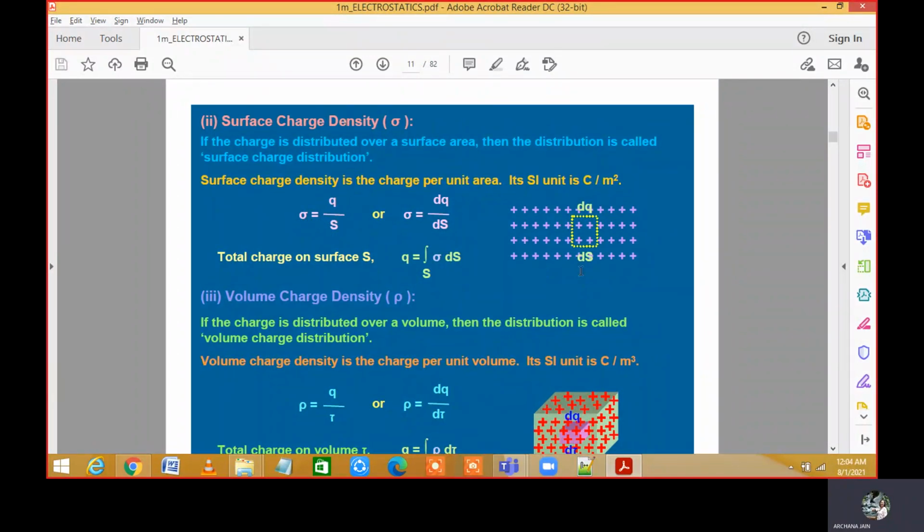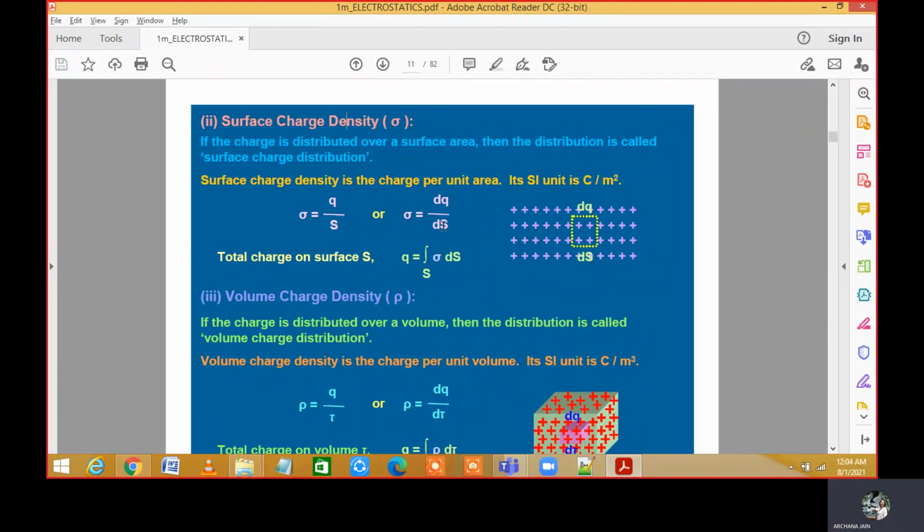See this figure, the charge is distributed on the surface. We take any surface. Now we take a small surface represented by yellow dot. Inside the yellow dot, the surface is ds, and the charge on this small ds area is dq. Then surface charge density sigma is equal to dq over ds, the amount of charge divided by surface.